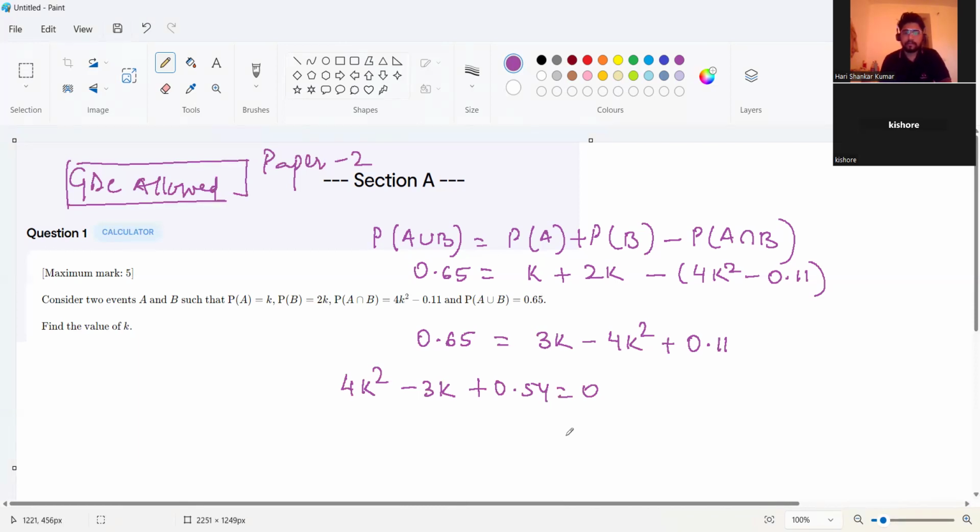So what I got is a quadratic equation. I can use my GDC to solve this quadratic equation. What I'm getting is k as 0.45 or k as 0.3 from GDC.